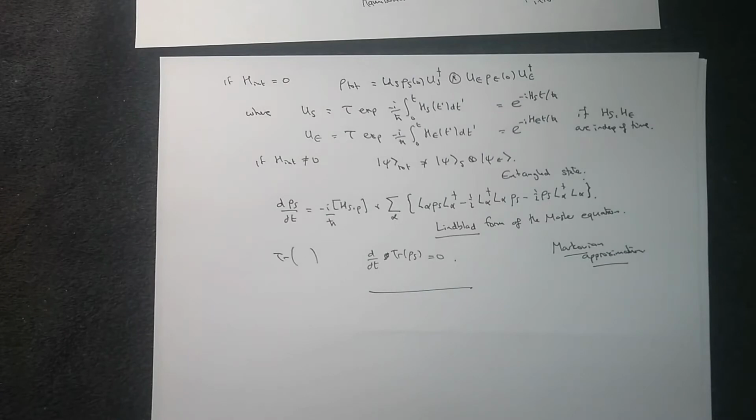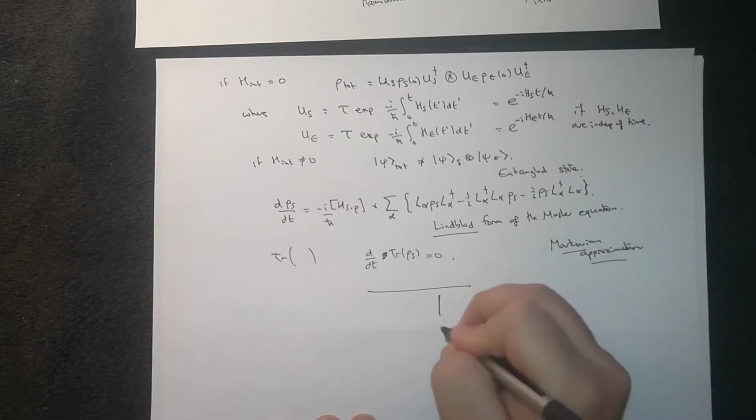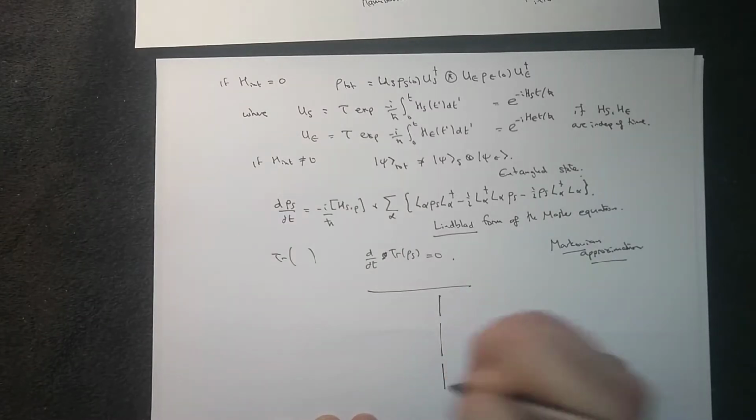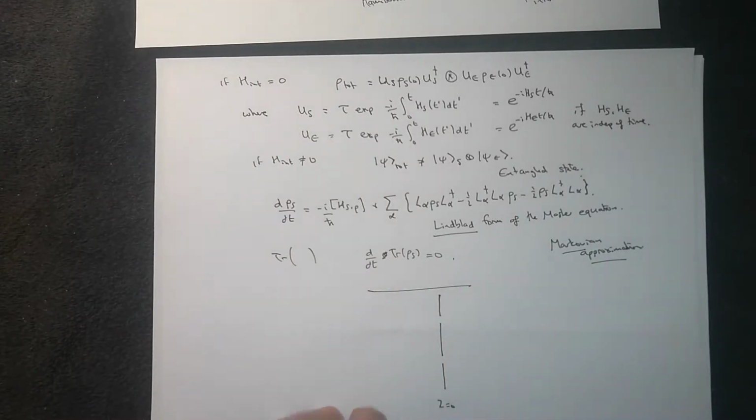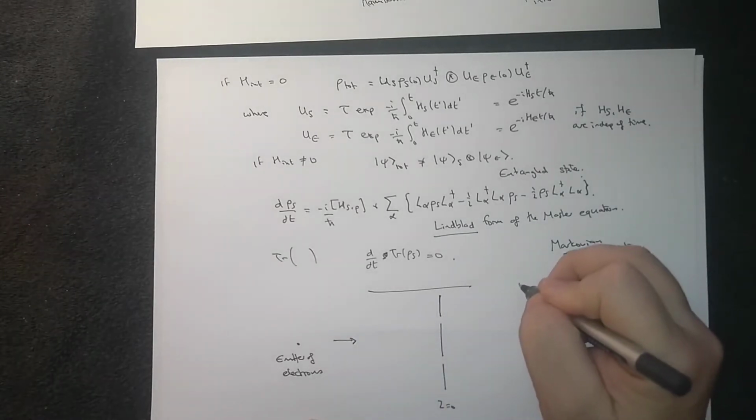Let's now summarize the quantum mechanical system we will be examining. We will take a barrier, which we're going to write as z equals 0, and an emitter of electrons. We fire the electrons towards the barrier.